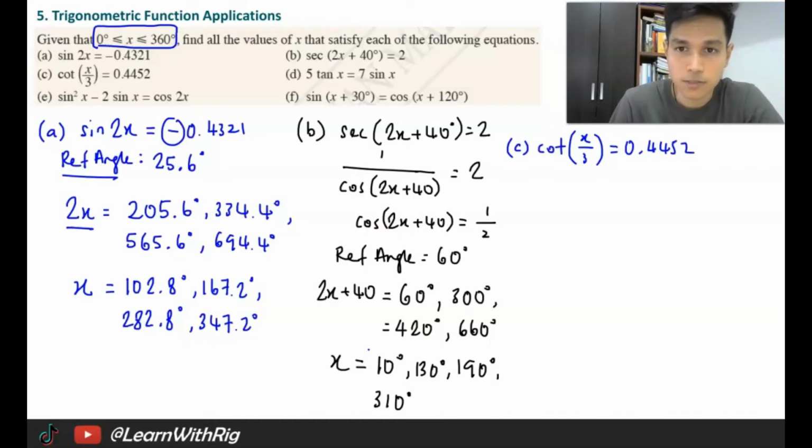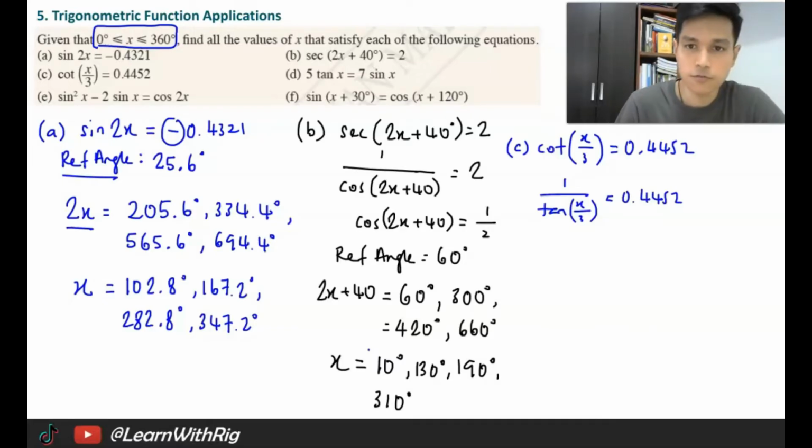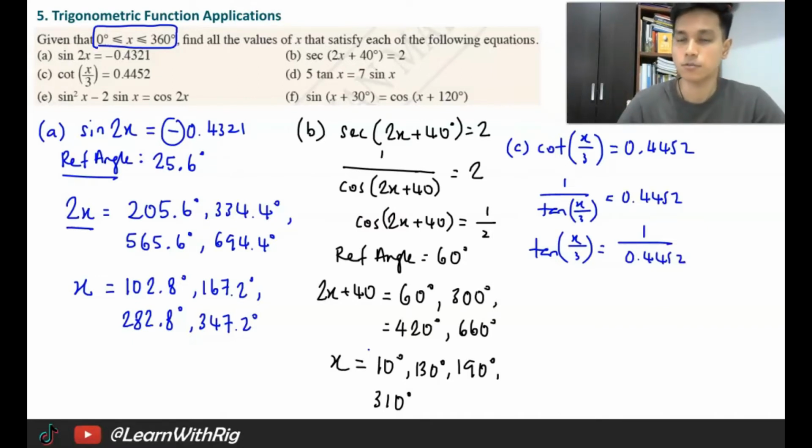So cotangent is 1 over tangent, so 1 over tangent x over 3 equals 0.4452. Now you're going to shift, so you get tangent x over 3 equals to 1 over 0.4452. You can use your calculator to calculate this. And the first thing you're going to do after you have reached this point, similar to the first and second question, is to find the reference angle.